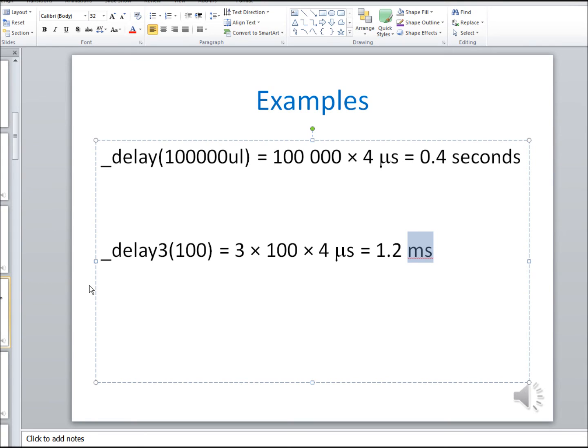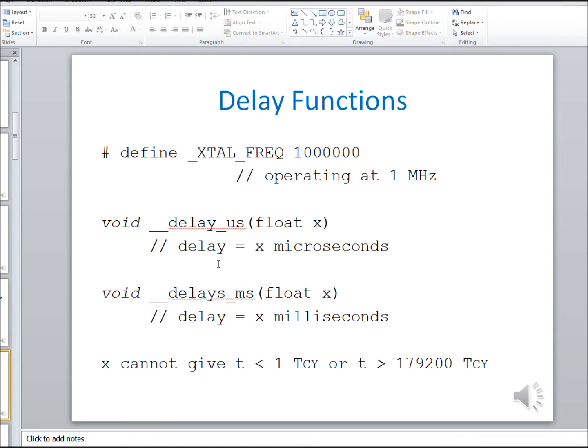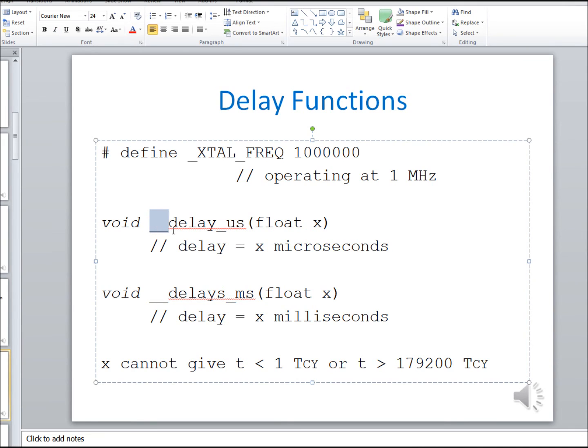I should mention that there are some other timing functions that are, in some ways, a little more useful. There's something called underscore underscore delay underscore us. This looks like 1 underscore, but it's actually 2. That looks like microsecond, right?